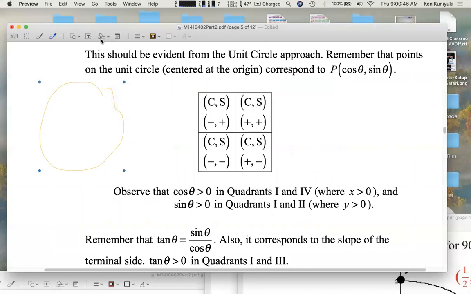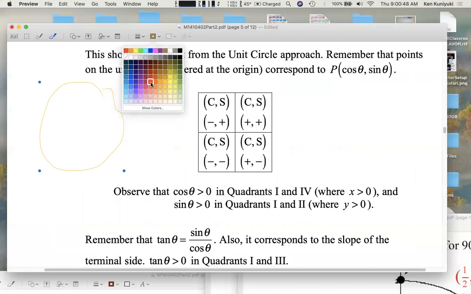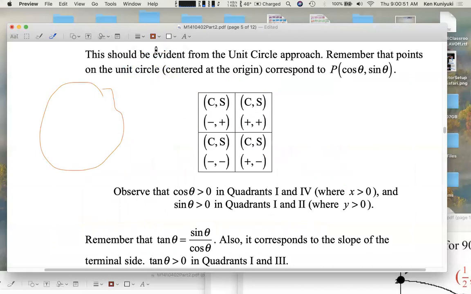And if we consider a standard angle and an intersection point there, the coordinates of this intersection point, if theta is the standard angle here, are cosine of theta, the x-coordinate, comma, sine of theta, the y-coordinate.